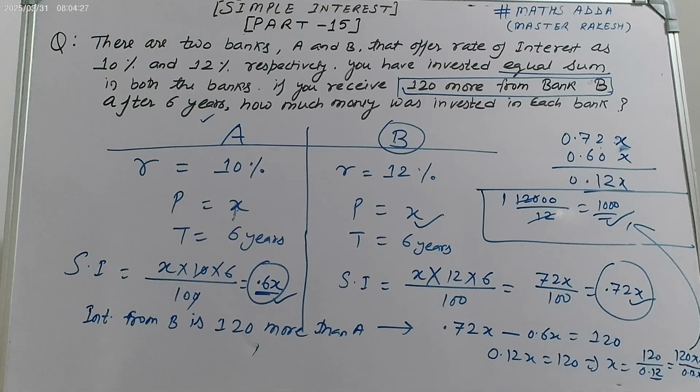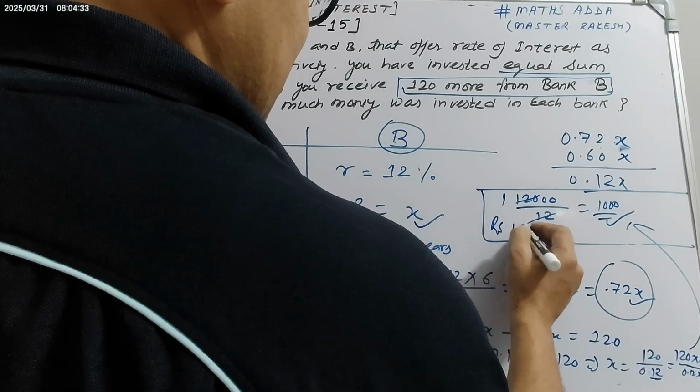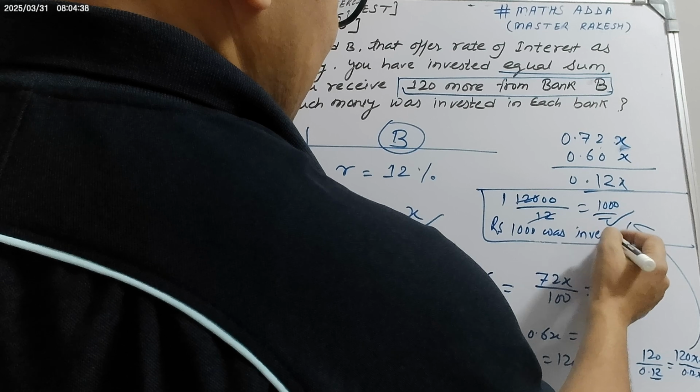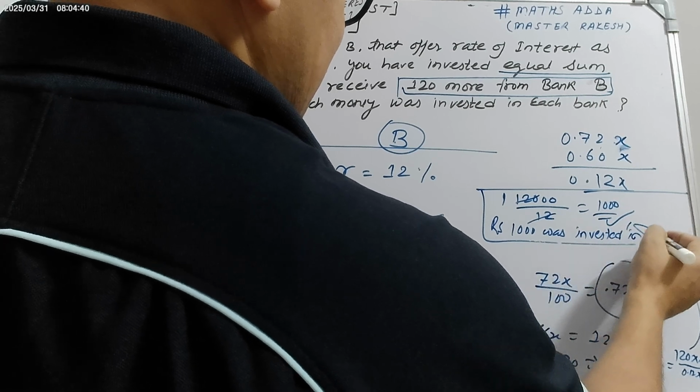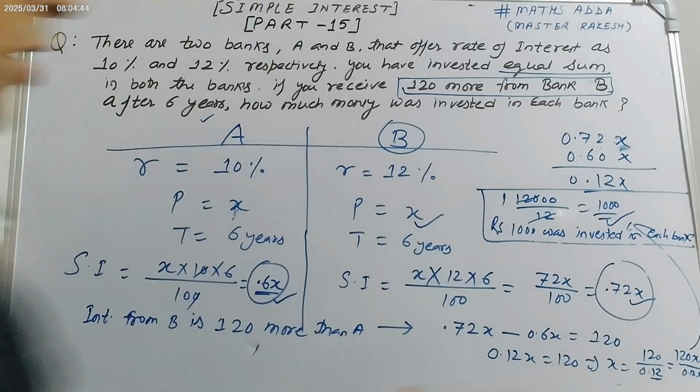So rupees 1000 was invested in each bank. So this is the answer for this question.